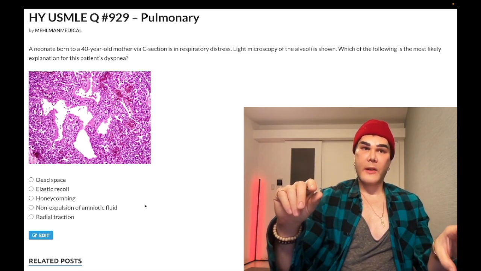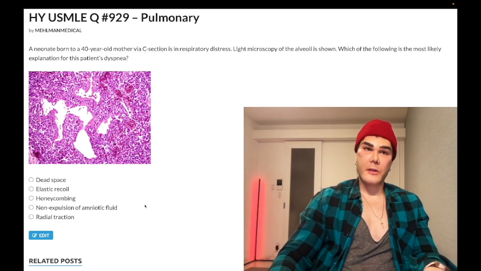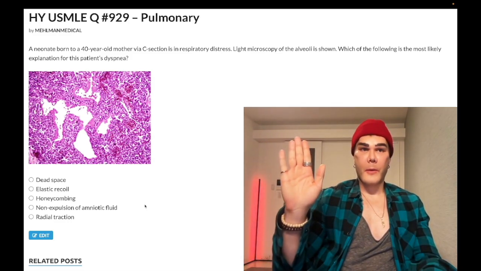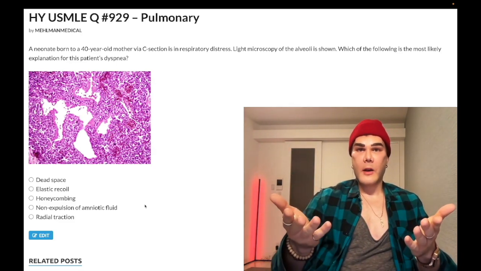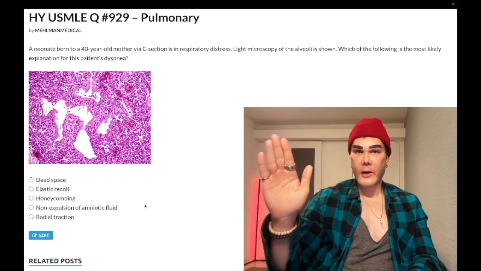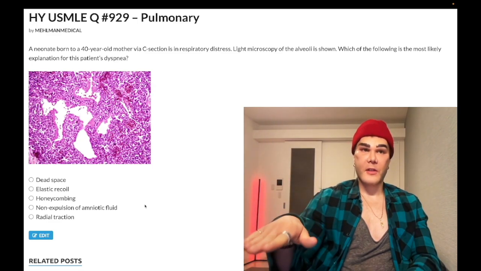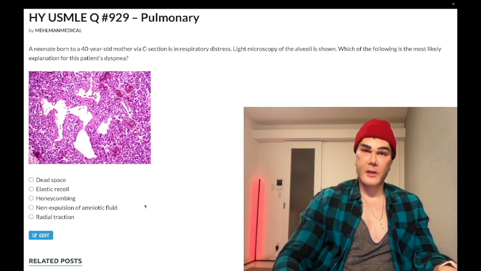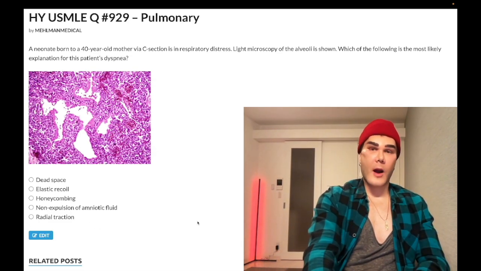The FEV1 will not be prolonged, and so that's why our ratio is decreased in obstructive but normal or increased in restrictive. Now, what can be confusing is that FEV1 itself is normal or decreased in restrictive. It's not increased. But when we talk about why the ratio of FEV1 over FVC is normal or increased in restrictive in comparison to obstructive where it's decreased, the answer is radial traction. Choice E, wrong answer.